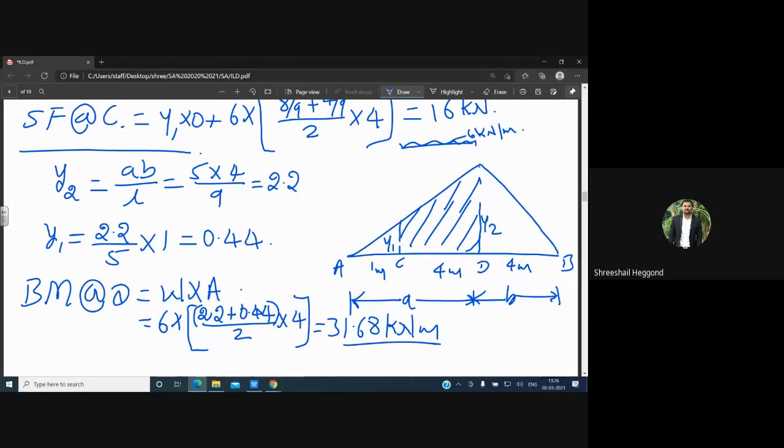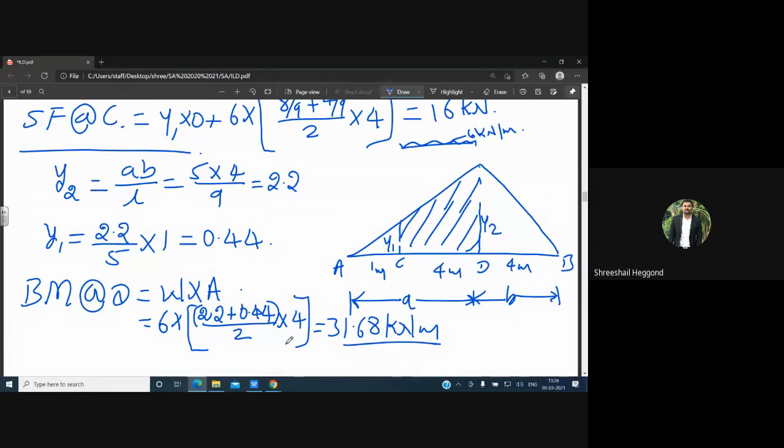When the load is constant, then even with our previous method we can calculate directly by multiplication with the values of bending moment and shear force. But now we are doing ILDs, which means moving loads. ILD for moving loads we are doing.